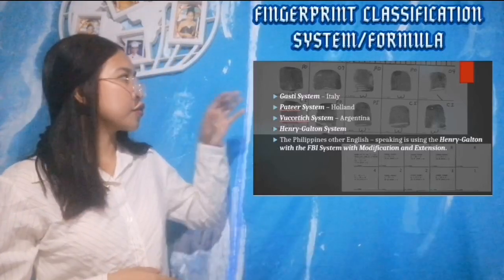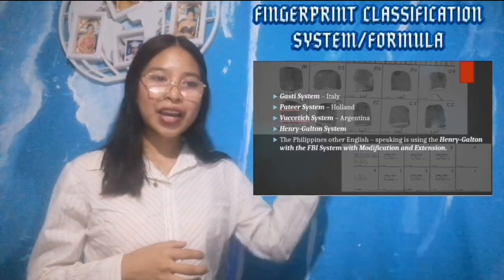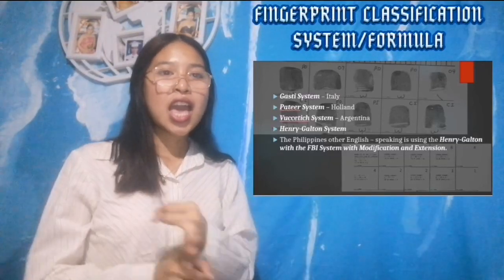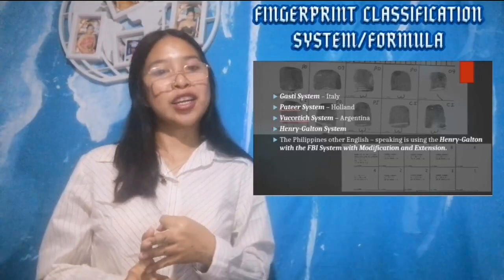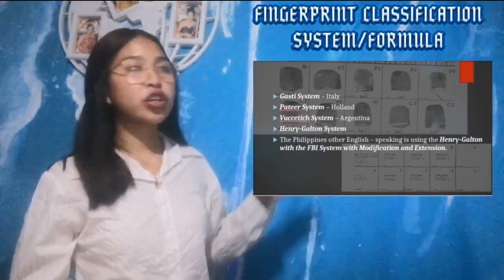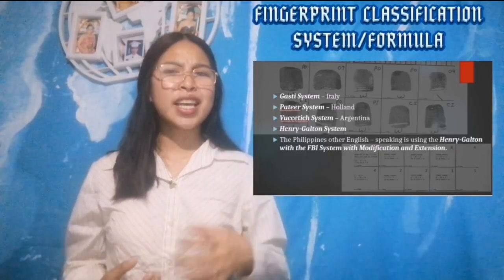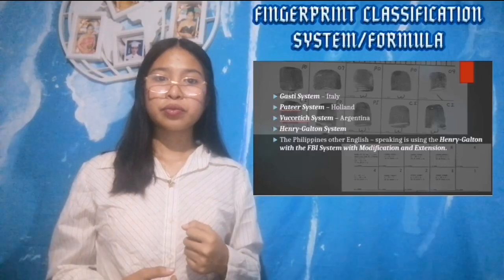The main purpose of classification is to facilitate the filing, searching, and retrieval of fingerprint records. Classification means the sorting of things into divisions or groups for easy and fast location.